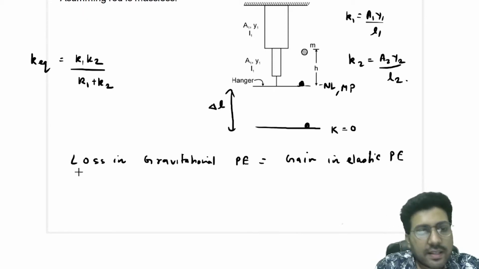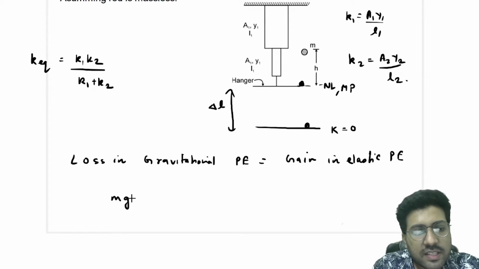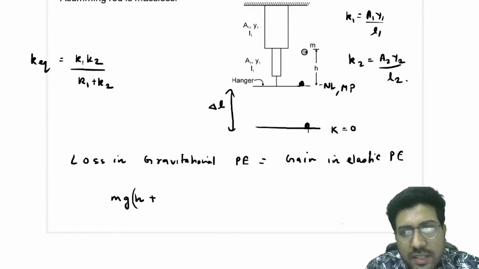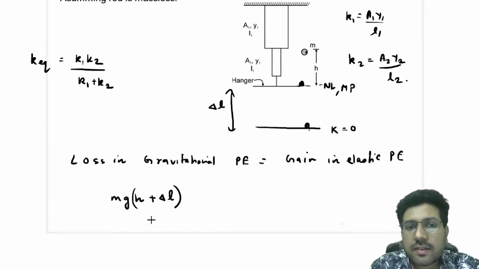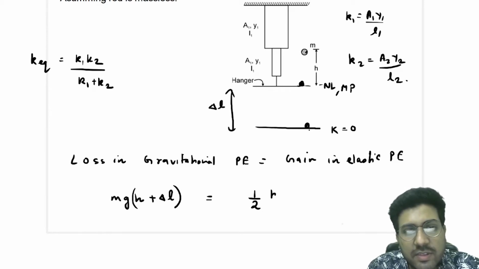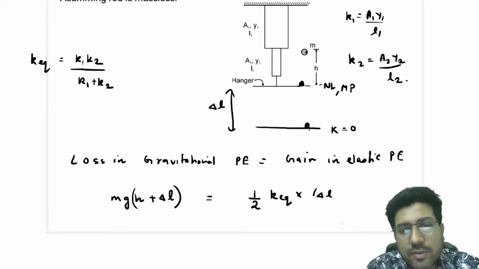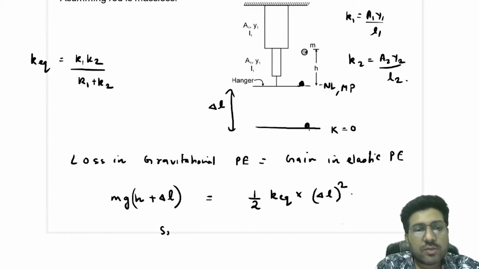So loss in gravitational potential energy is mg(h plus delta L), from here to here, and the gain in elastic potential energy is half into K equivalent into delta L squared. So from this you will solve for delta L.